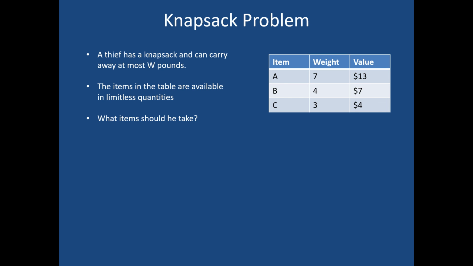The items in the table are available in limitless quantities. So there are three things a thief can steal: a type A, a type B, or a type C. And each one has a weight and a value. And the question is, which should he steal? He can only carry a limited amount, but he wants the most valuable. This is a generalization of that coin changing problem.